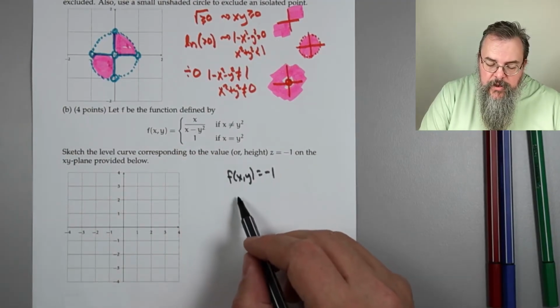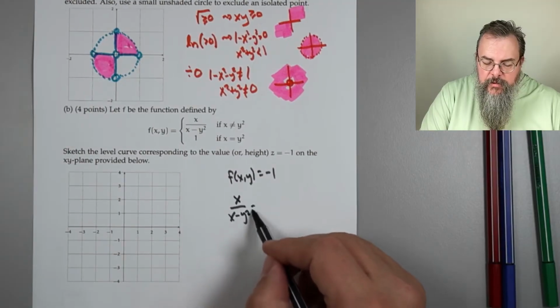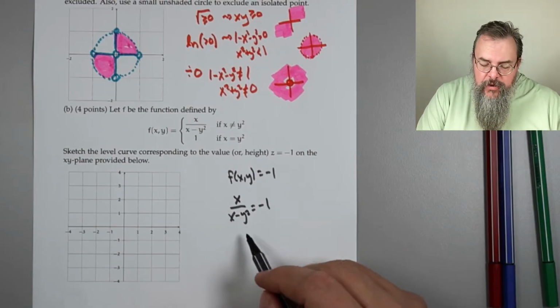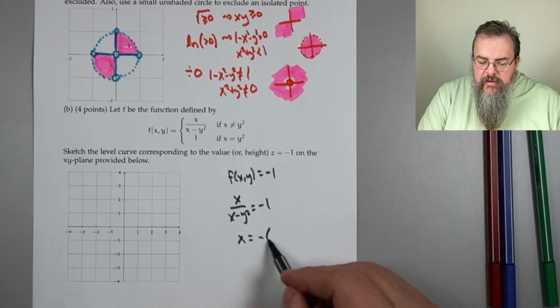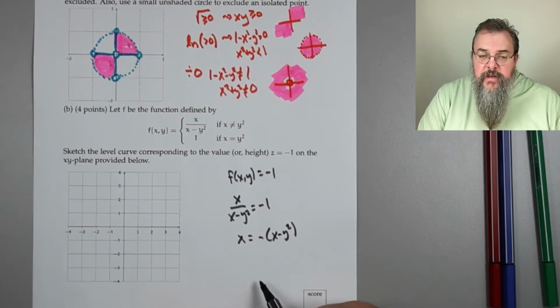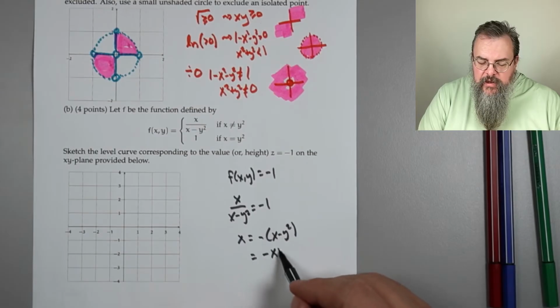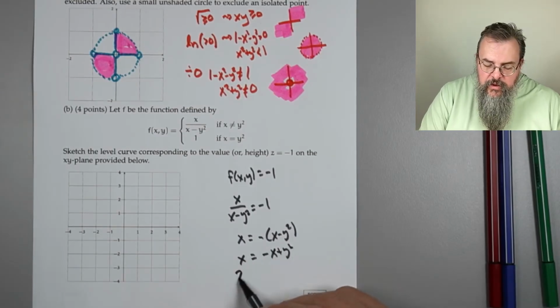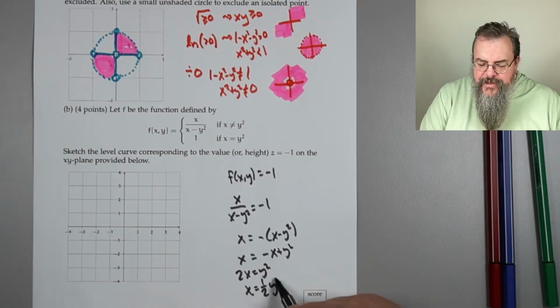So we say, okay, well, suppose we look then at x over x minus y squared equals -1. What does that look like? What's that curve? Well, that's x equals minus x minus y squared, or you could say that's really -x plus y squared, or that's 2x equals y squared, or x equals a half y squared.